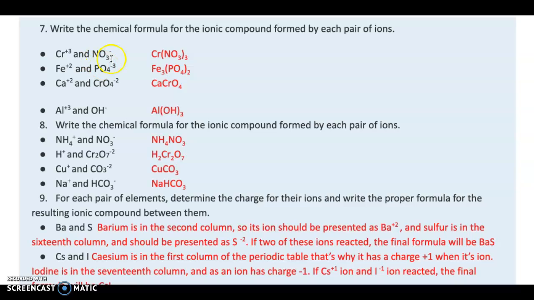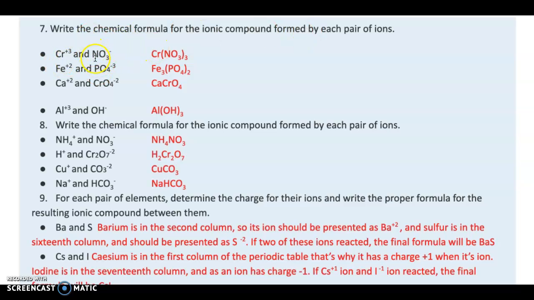So this is the polyatomic ion that has negative charge 1. Not oxygen, but this whole thing has a negative charge 1. So you have to write it in parentheses, okay, in order to write the correct chemical formula.